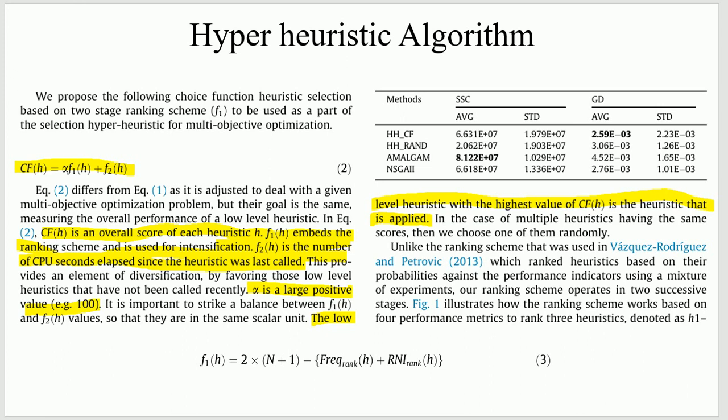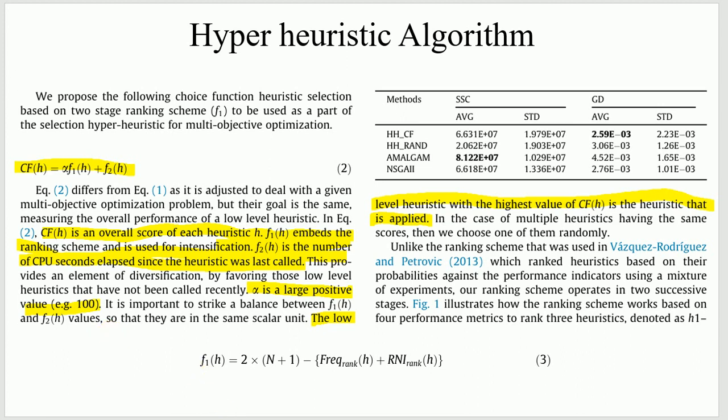We can use a choice function for selecting a lower level heuristic in each iteration of a hyperheuristic algorithm. And a choice function is a very good tool to use as a selection tool because it balances between intensification and diversification.